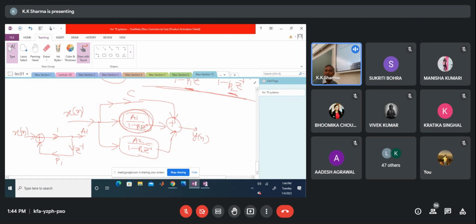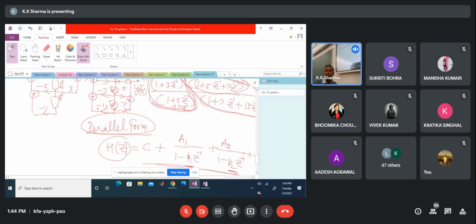Now sometimes these P1, P2 can be complex also. Value of poles can be complex as well. Nothing wrong in that. And sometimes you can combine these simple first order terms to form a second order term so that all the coefficients are real.